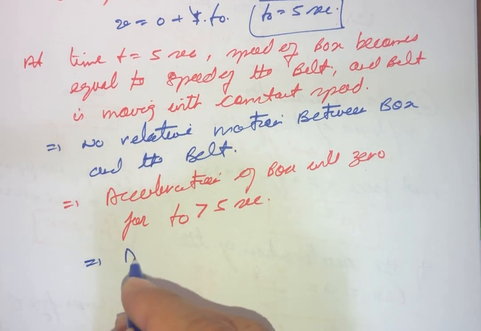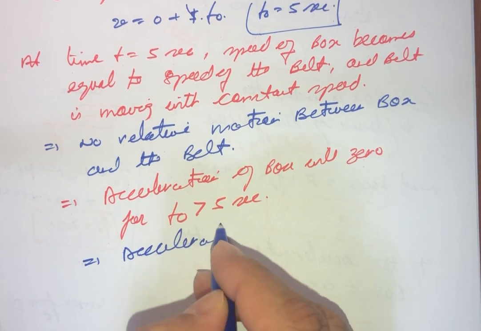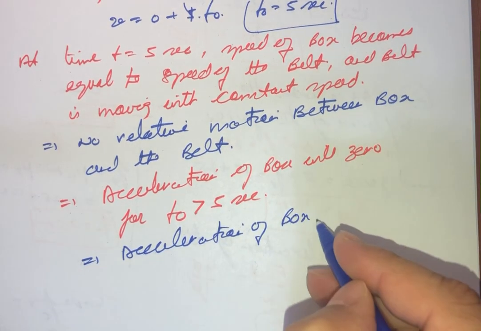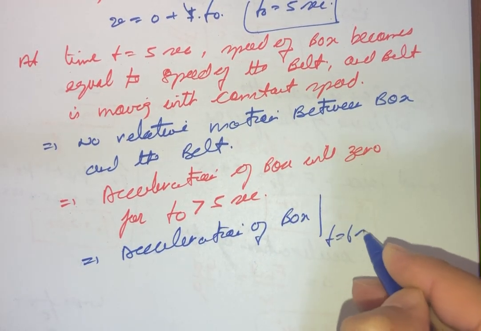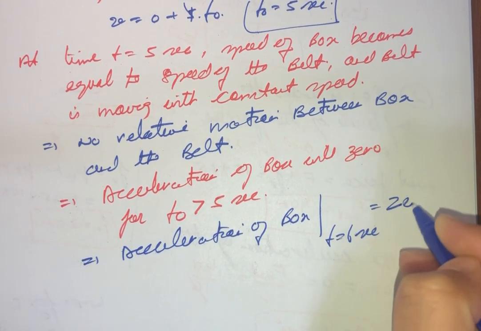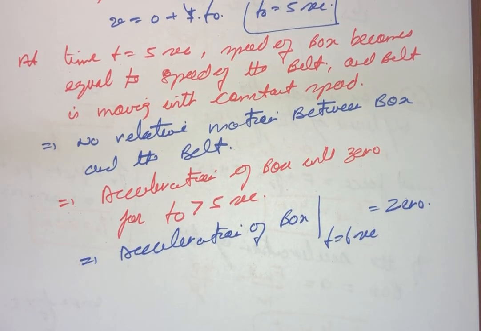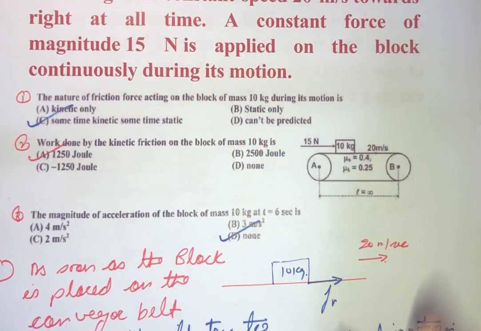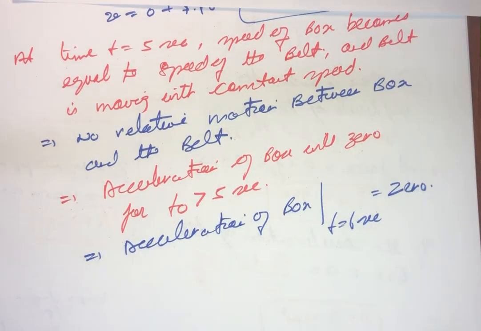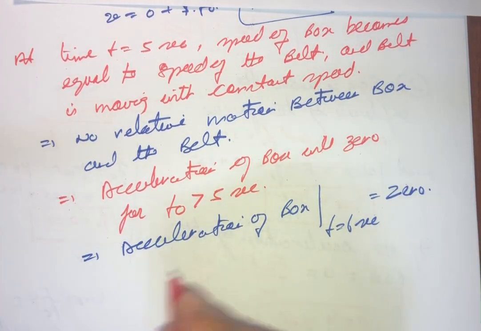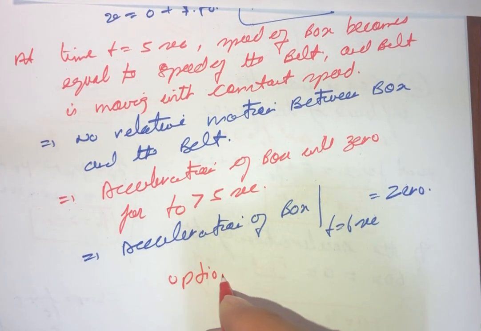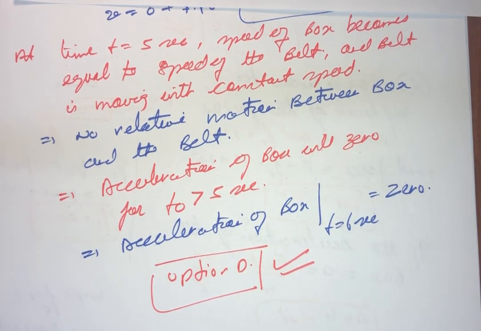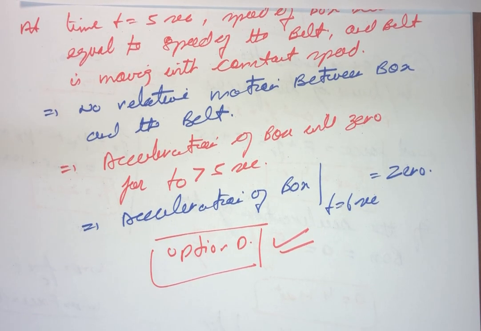Therefore, the acceleration of the box at t is equal to 6 seconds will be 0. So we have the option D, that is none of the above. Okay. So we can say option D is the correct one. This completes the question. Thank you.